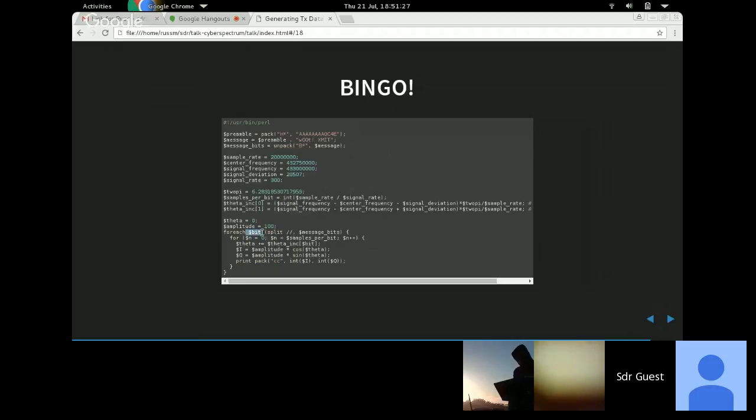And then message bits is that string of 0 and 1 characters that defines our message.